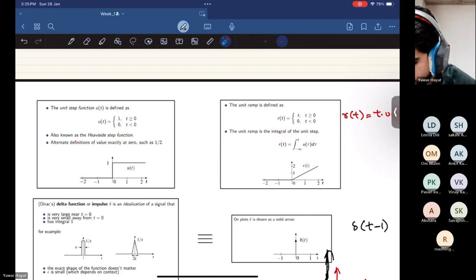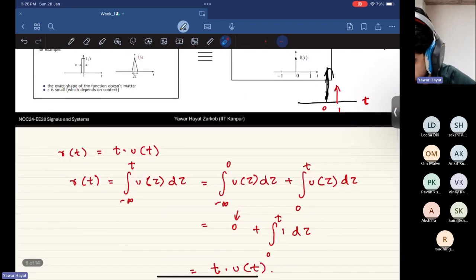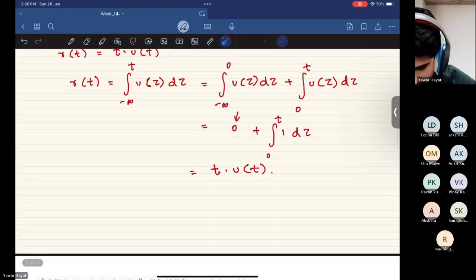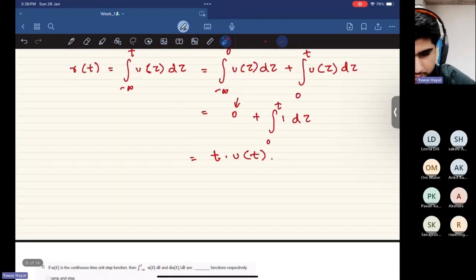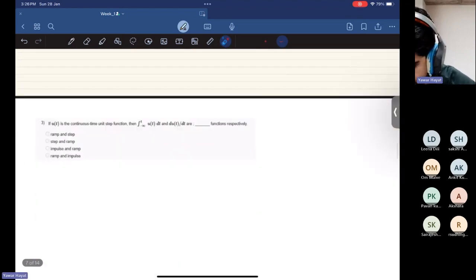A ramp function is the integral of the unit step function. And similarly, mathematically, if we differentiate the unit step function, we get the delta function. You can actually try that out. Mathematically, that makes sense.